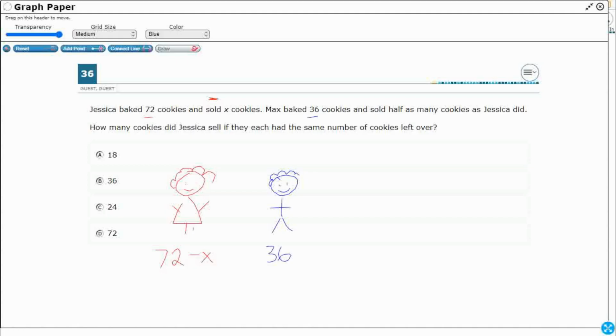And he sold, so that's a minus, but he sold half as many as Jessica did. Well, how many did Jessica sell?